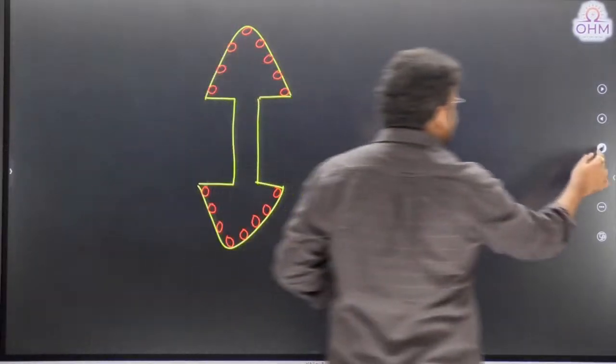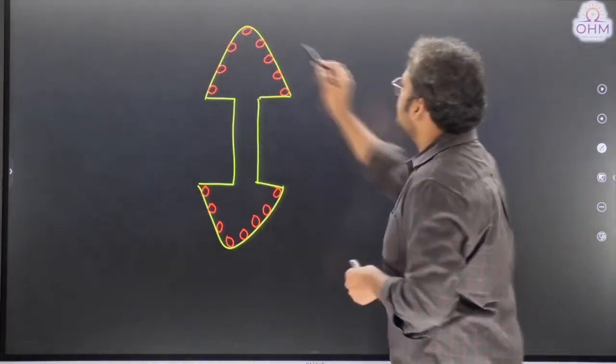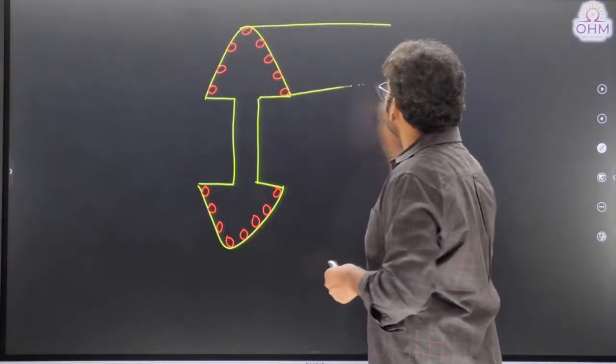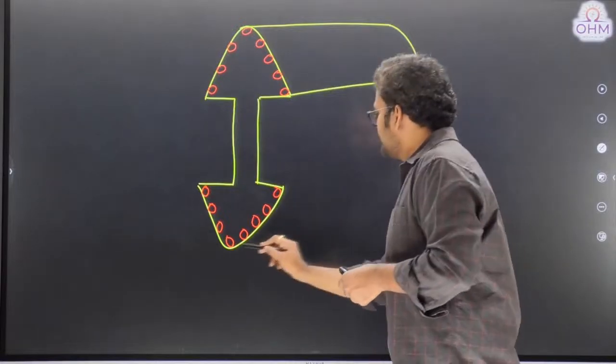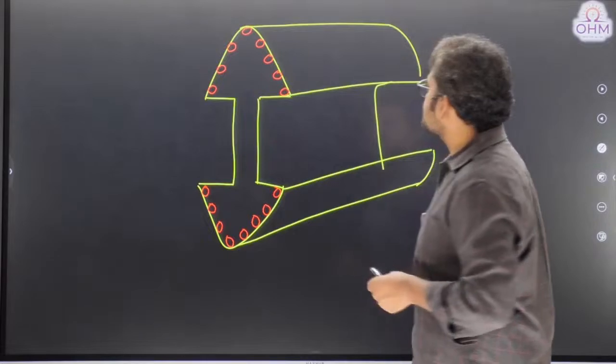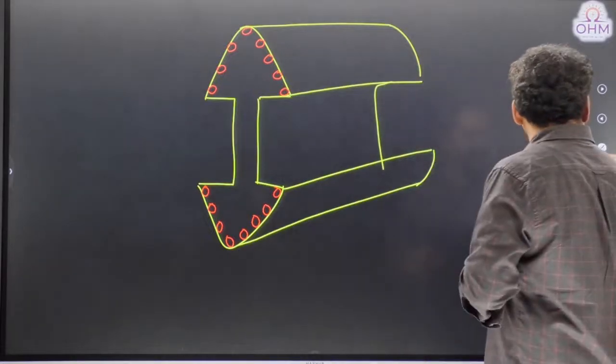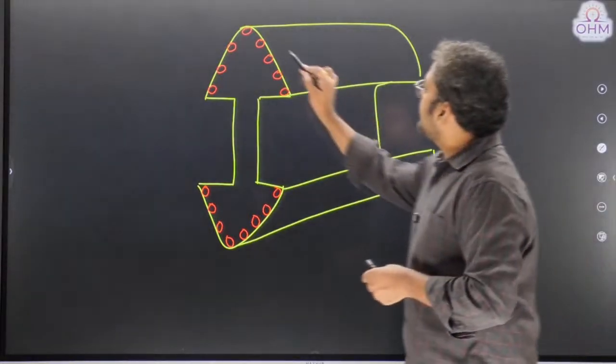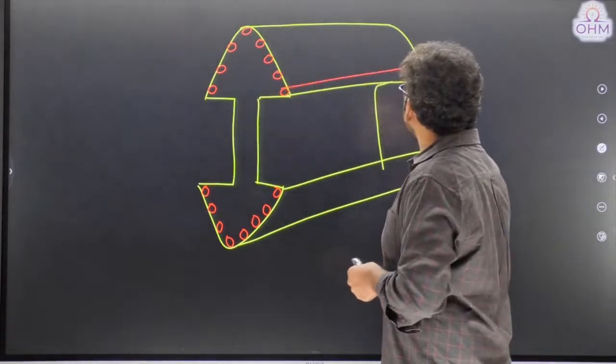If you look at the axial view, if I draw the complete length, this is how the pole shoes look like, and a number of damper conductors are located like this.